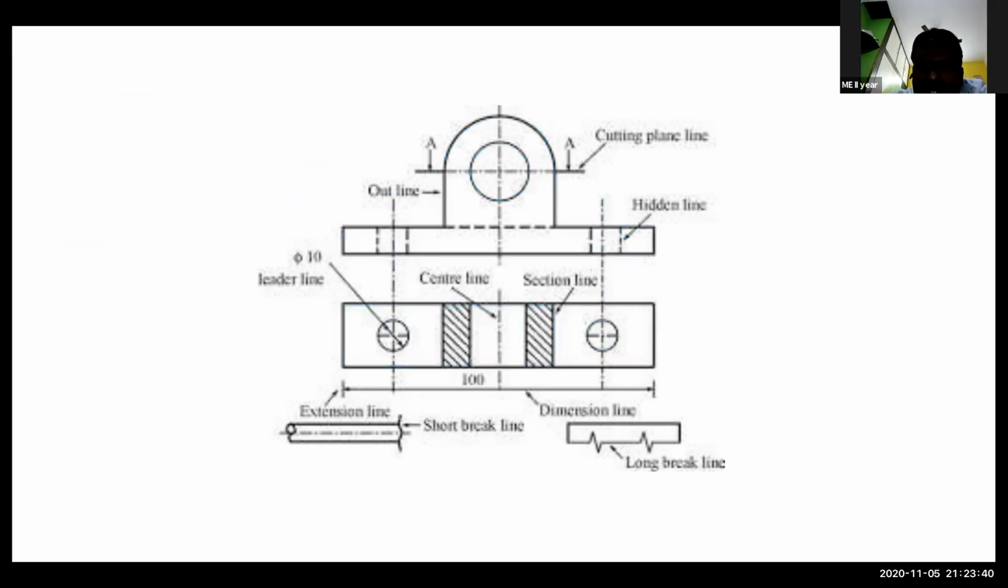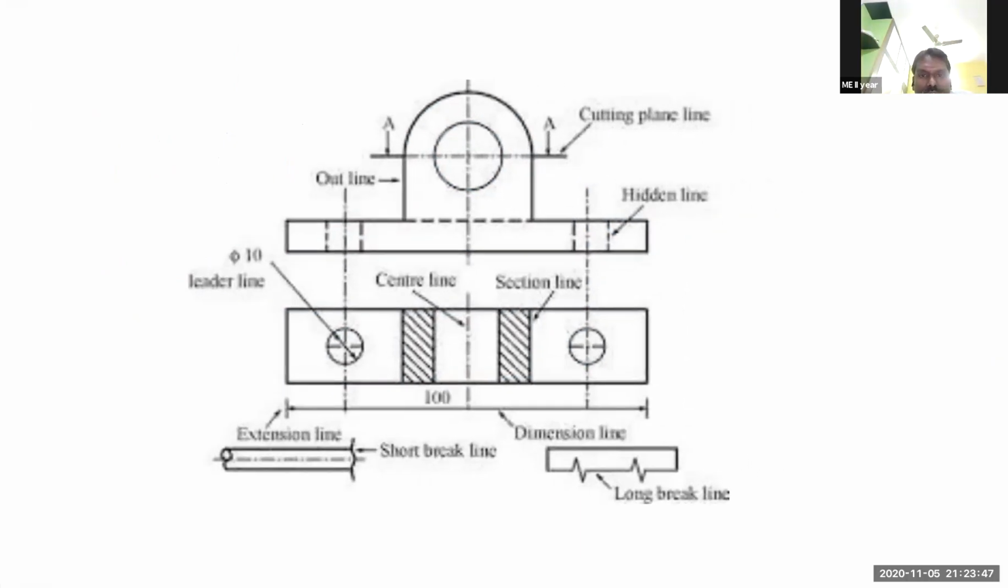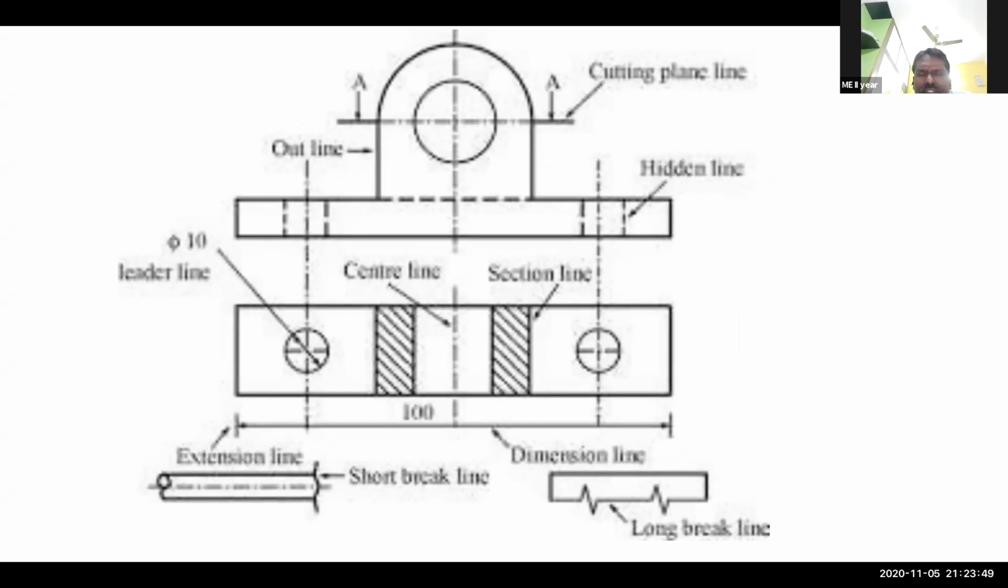If you go through this, all the lines are represented here. This is the continuous line, the outline. This is the cutting plane line, a long line, short line, long line, short line with thick ends, as we just discussed.